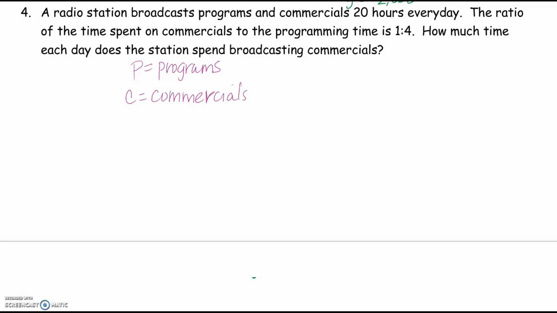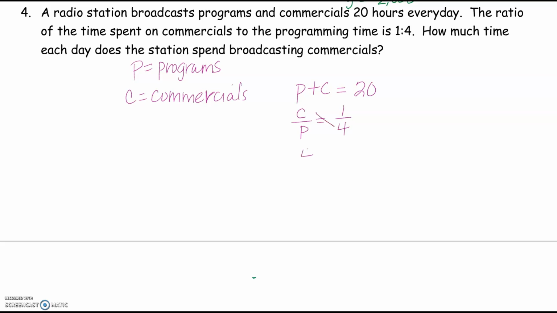All right. So we have programs plus commercials equals 20 hours. And we know that commercials to programs has a ratio of 1 to 4.